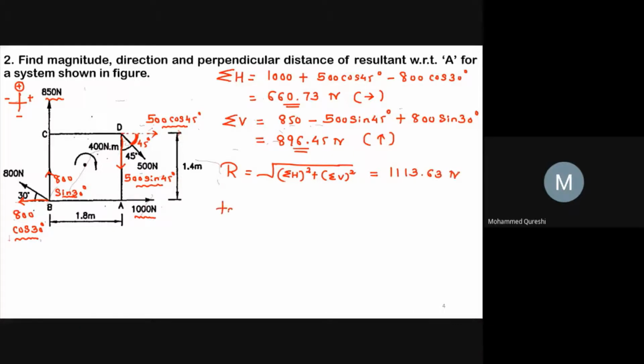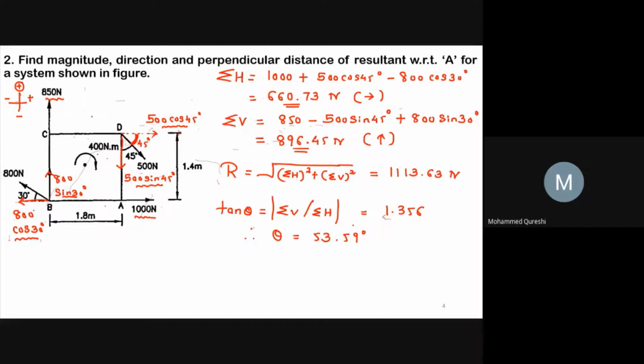Now we know that tan theta equals to sigma v by sigma h. So putting the value of sigma v and sigma h as we had obtained earlier, here we will get the value of tan theta as 1.356 and value of theta will be equals to 53.59 degree.